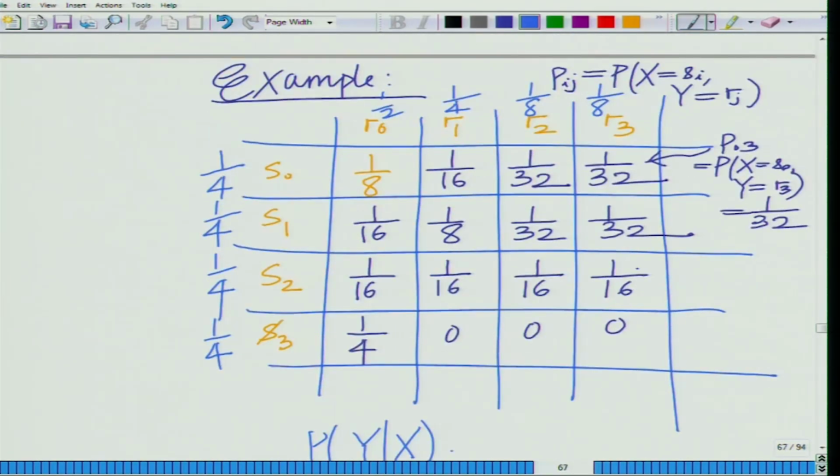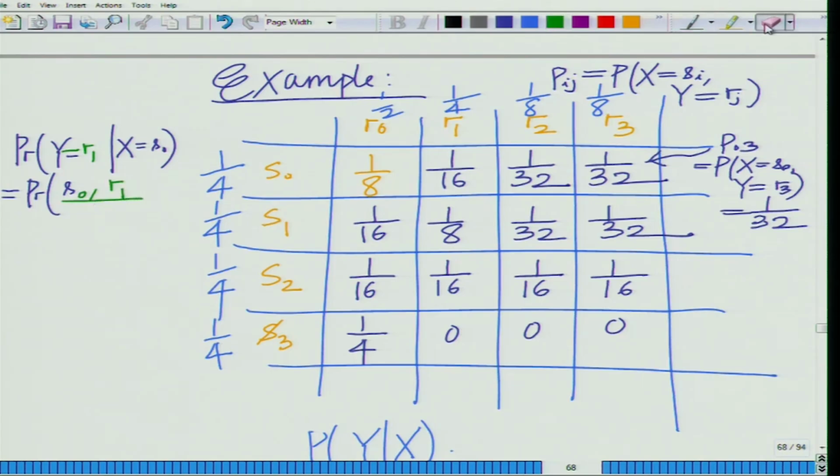Now, if you look at this, for instance, probability of y equal to R1 given x equal to S0 equals probability of S0 comma R1 divided by probability of S0.